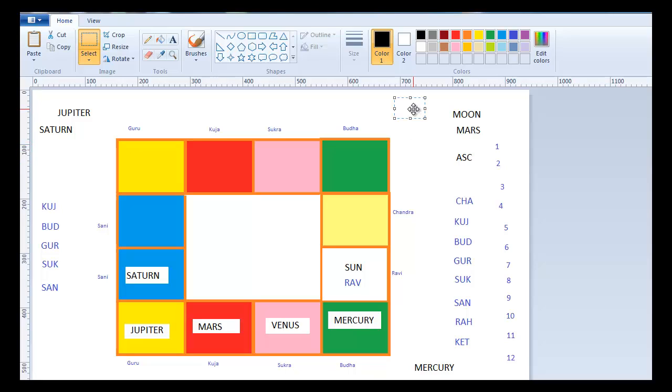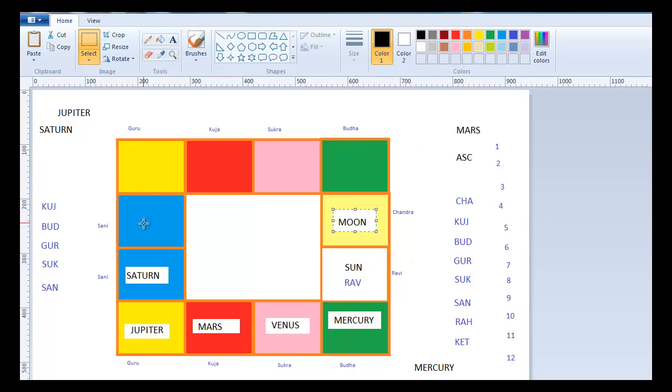But before going to that, where do we place the moon? Place the moon over here. You remember this by thinking that if you had a mirror here, this could be the reflection. The sun is the source of light and the moon is just reflecting the light of the sun. So put the moon over here.